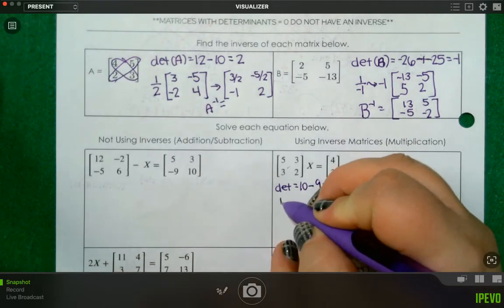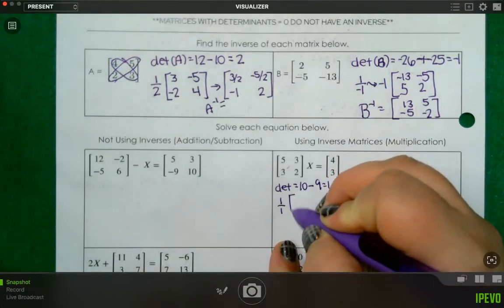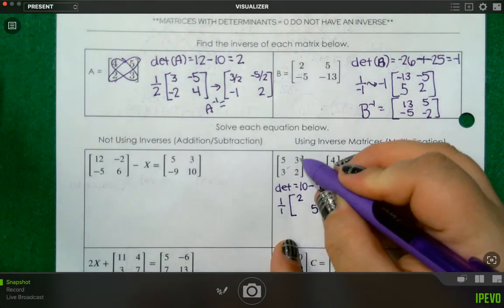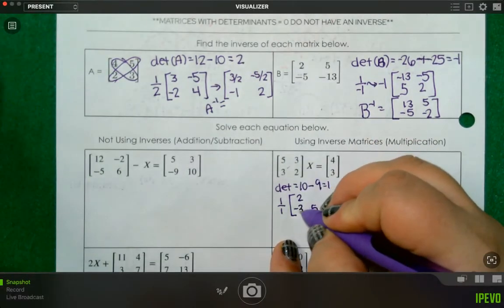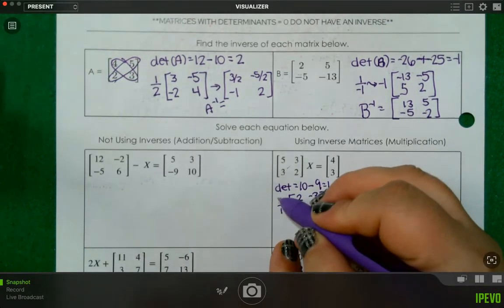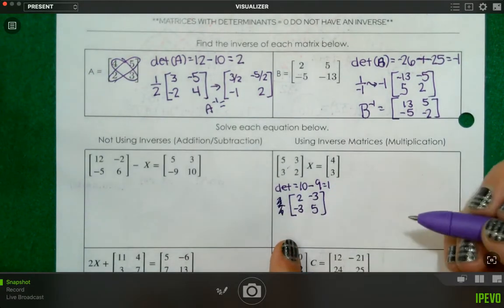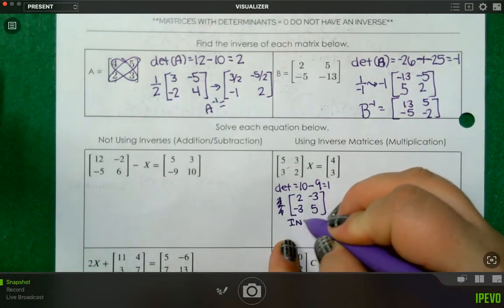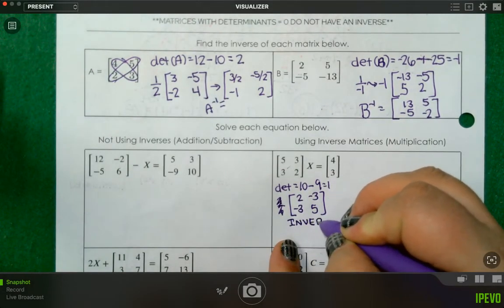That's easy. And then the 2 and the 5 switch spots, and then the 3's both become negative. So I'm just going to cross out this one out front because it doesn't really do anything. This is the inverse. And this is what we need to multiply by.